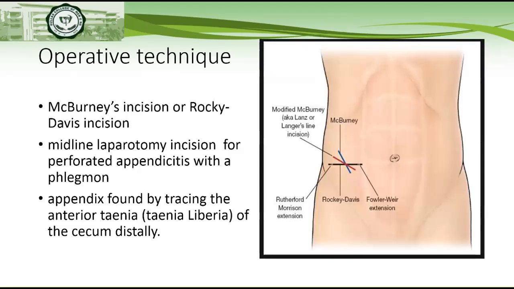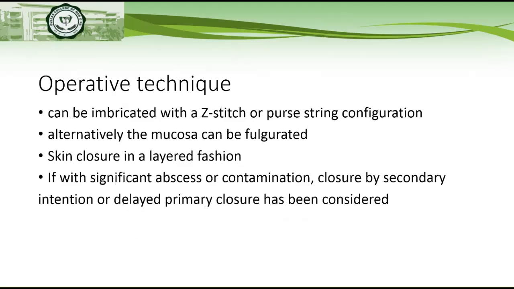For the operative technique, we go through the McBurney's incision or Rockey-Davis incision. The midline laparotomy incision is for perforated appendicitis with phlegmon formation or abscess formation. The appendix, again, is found by tracing the convergence of the taenia coli.